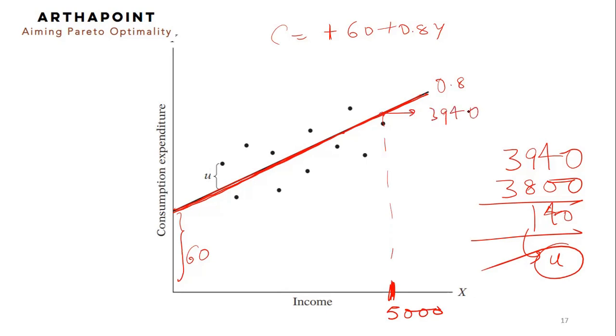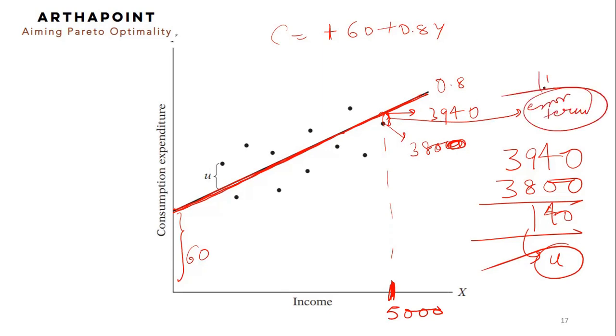But my actual consumption came out to be 3,800. This gap is the error term of 140, between what you predicted from your line and what my actual consumption was. My actual consumption could have been 4,000 when you predicted 3,940. So the error could have been positive.